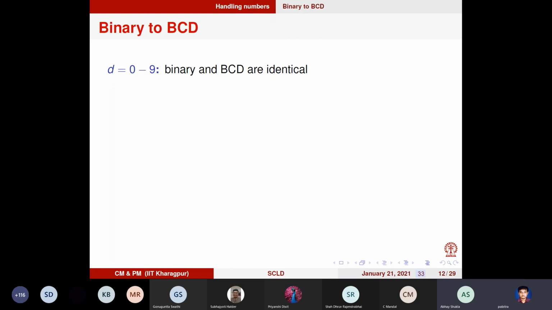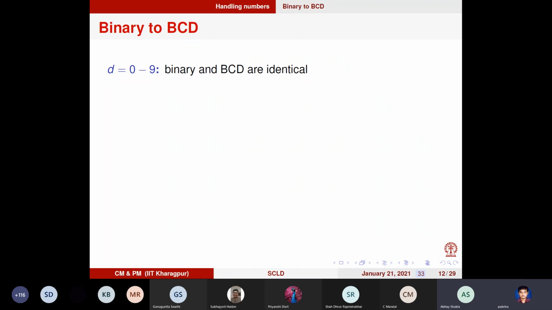Using these 16 combinations, you want to represent 10 decimal digits, 0 to 9. So you have 16 places which you can use, and you have 10 things to represent. Which tetrad you use to represent which decimal digit is your choice.